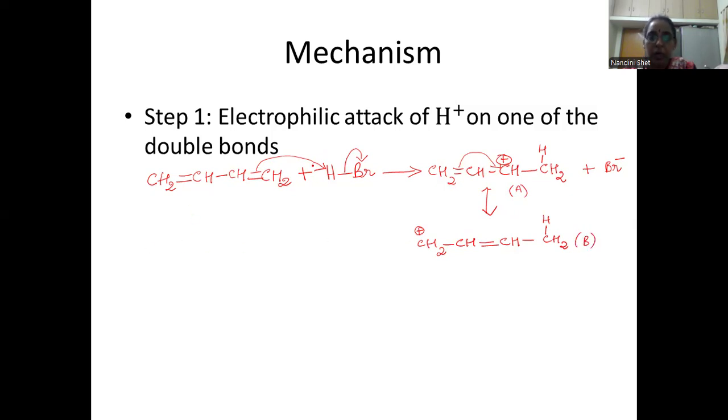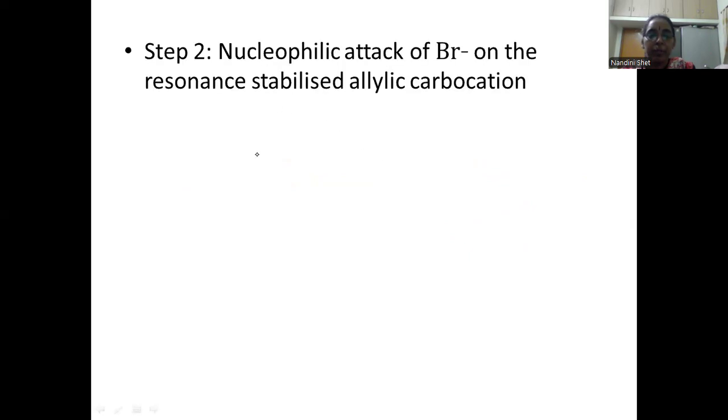This is step 1. Now if you see this step 1, we can notice that there are two types of carbocations here. Therefore, in the next step, when the addition of bromide takes place, bromide has two options. Either it can attack here or it can attack here. So accordingly, we can show it like this.